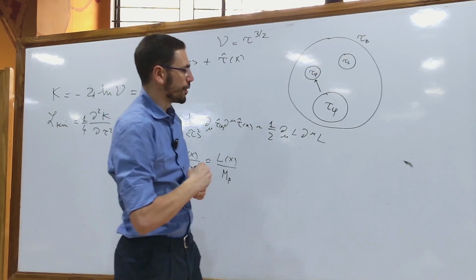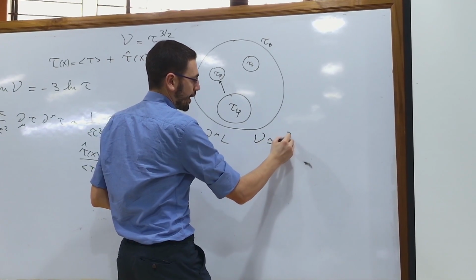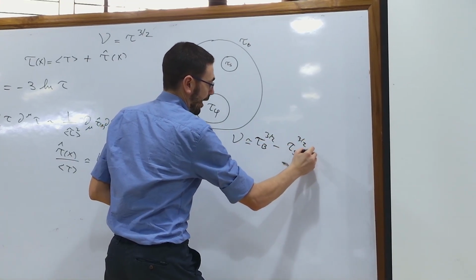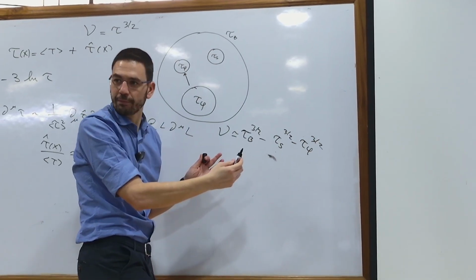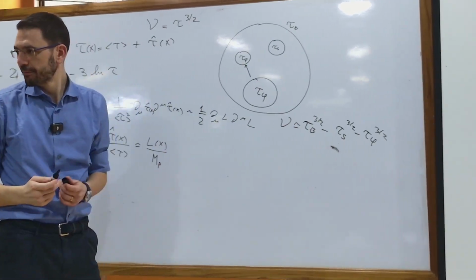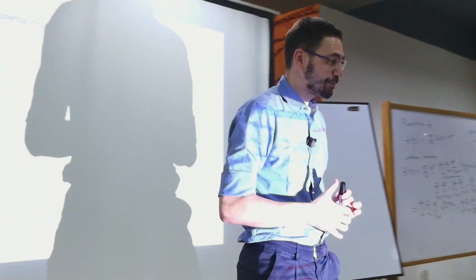You see also this cannot be the case because you have that the volume is, as we've seen, tau big to the 3/2 minus tau small to the 3/2 minus tau phi to the 3/2. You cannot get a negative volume. And so you cannot have tau phi that is too big. However, we checked that it works. This is not the case.